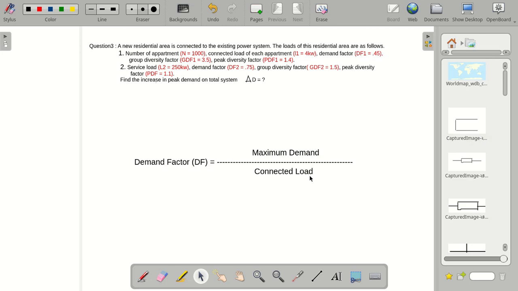The most suitable example is that maybe 100 megawatt of load is connected in a power system, but the total maximum demand of that power system is maybe 80 megawatt. So demand factor is also less than 1.